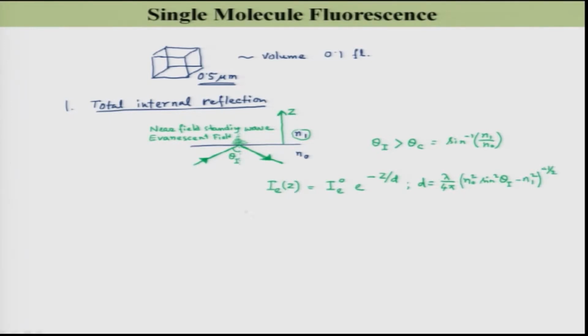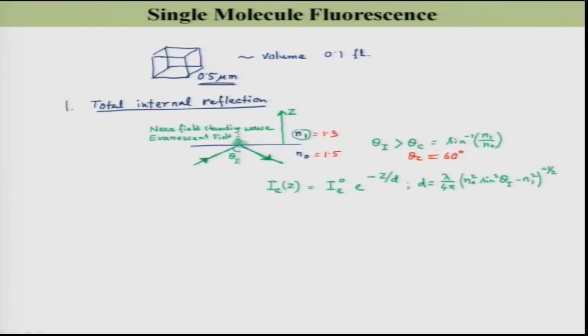So, for example, let us consider n0 is equal to 1.5, some type of glass, and n1 is 1.3, like water. So, I can readily calculate the theta c value from here. Theta c will be around 60 degree, right.